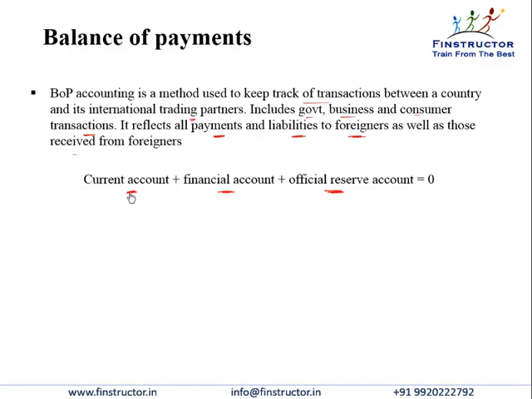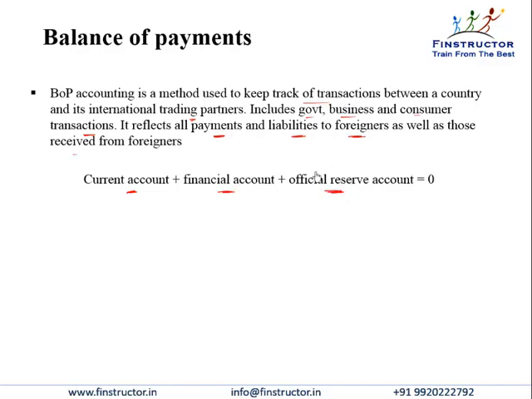Current account is the trade, the import and export of goods and services that happens on an annual basis. Financial account, also referred to as capital account, contains capital investments into our country or out of our country, capital investments like equity and debt. This is trade. This is equity and debt.